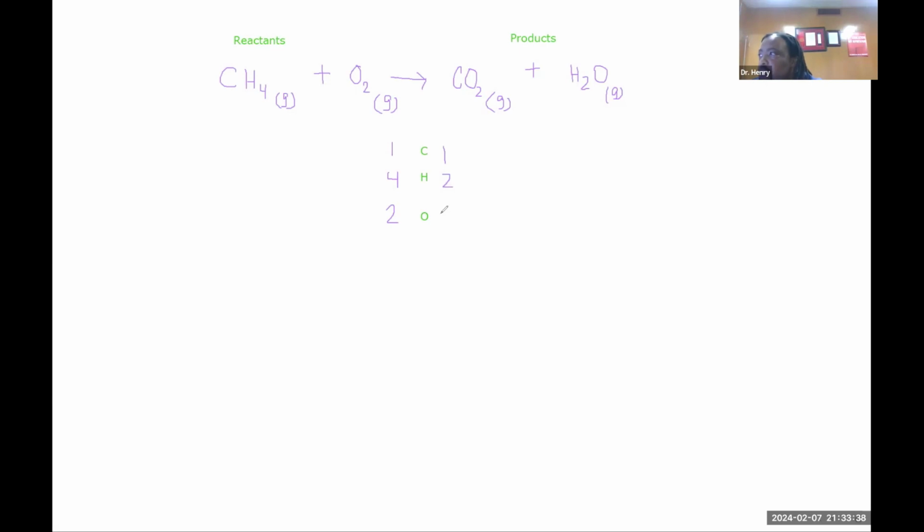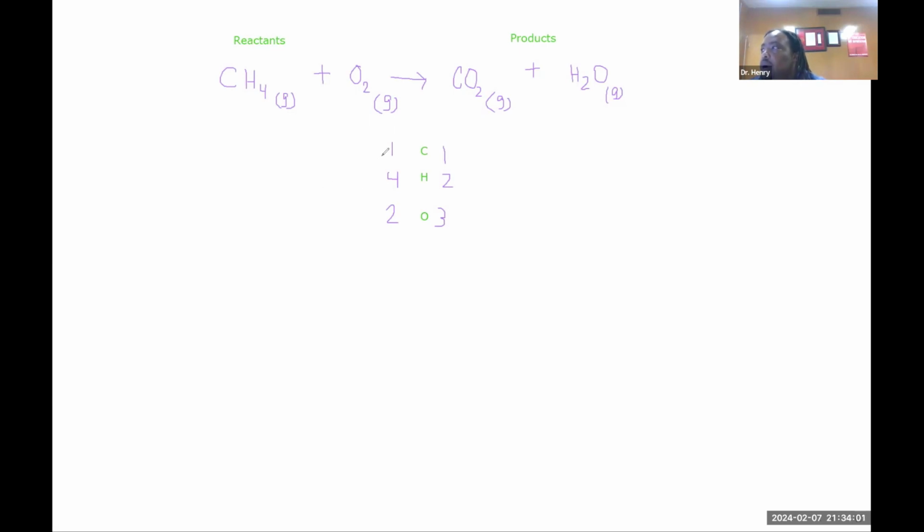And how many oxygens? 2 with the carbon dioxide, and 1 with the water, so we got 3.